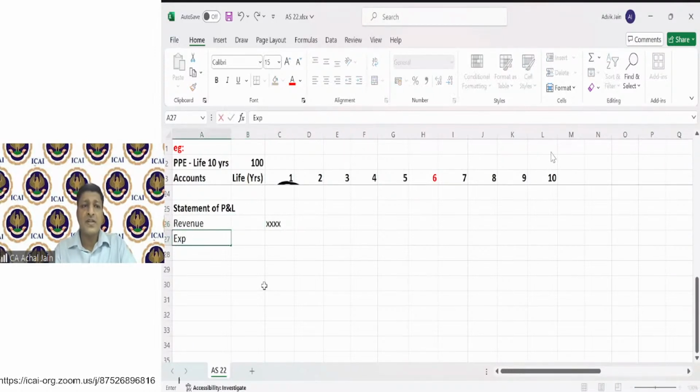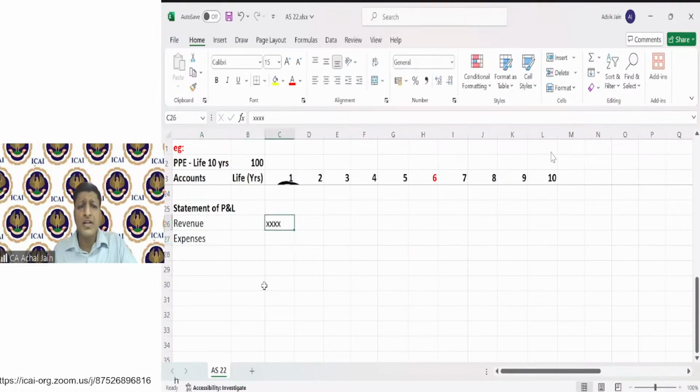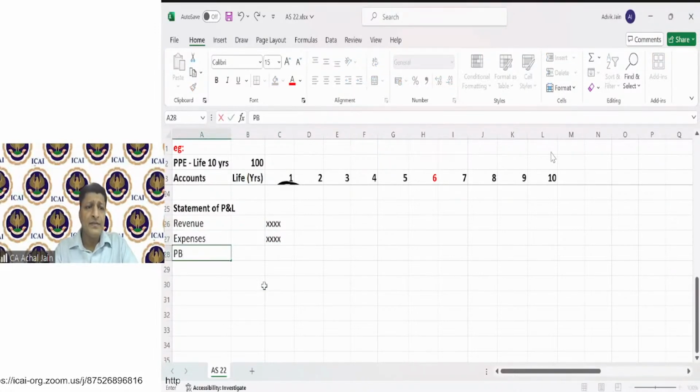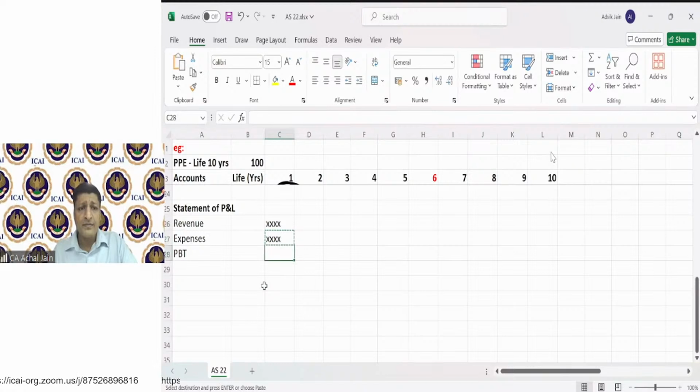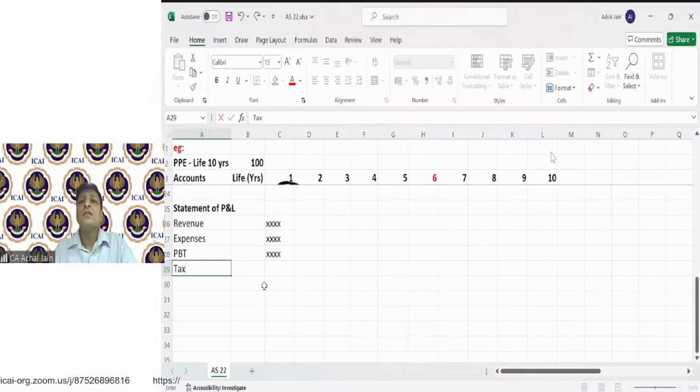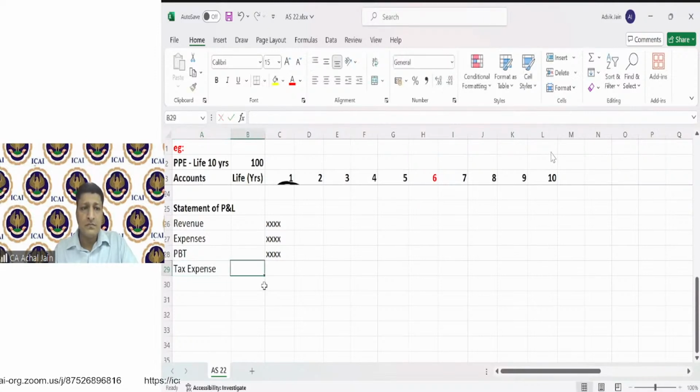Then you will have expenses. I'm not putting down the list of all of those expenses. And then you'll have PBT, correct? And then the tax expense will be recorded. And then, of course, you'll have PAT.